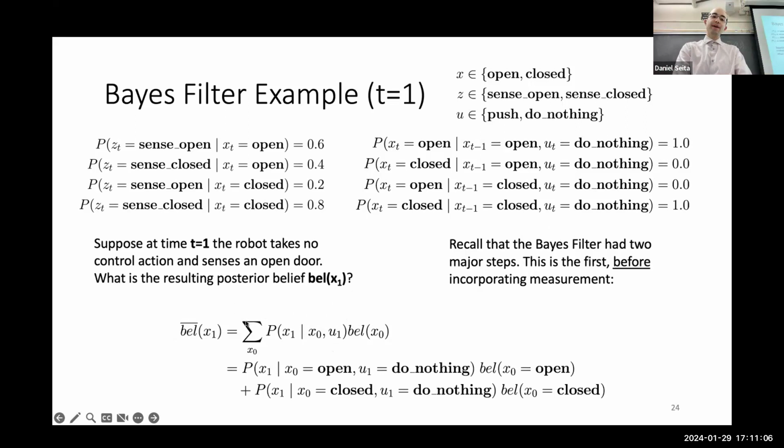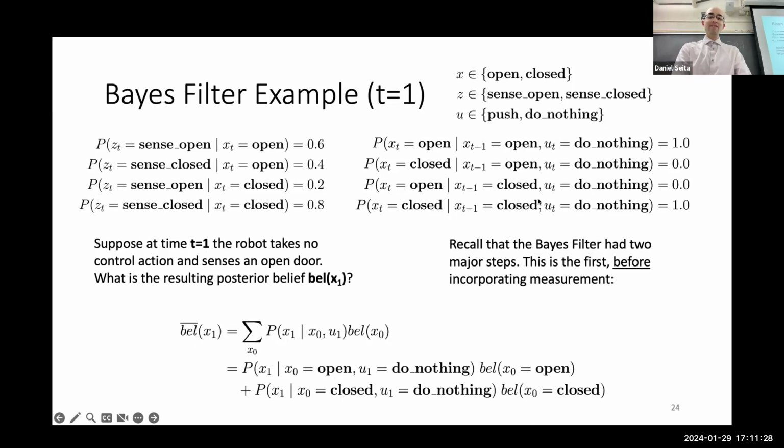And if you factor this, if you write it out more explicitly, because X0 only has two possibilities, it would either be that X0 was open or it was closed. So what is this value here?